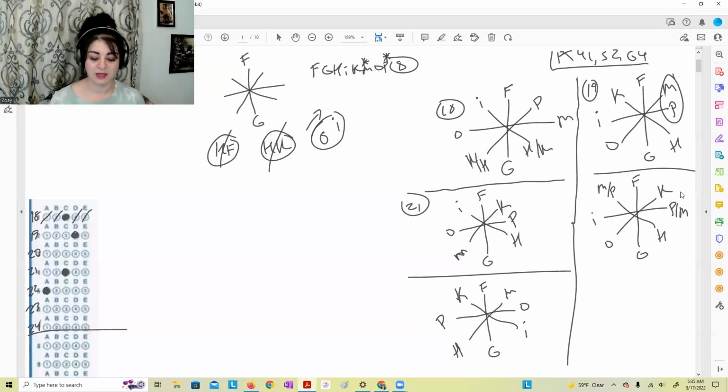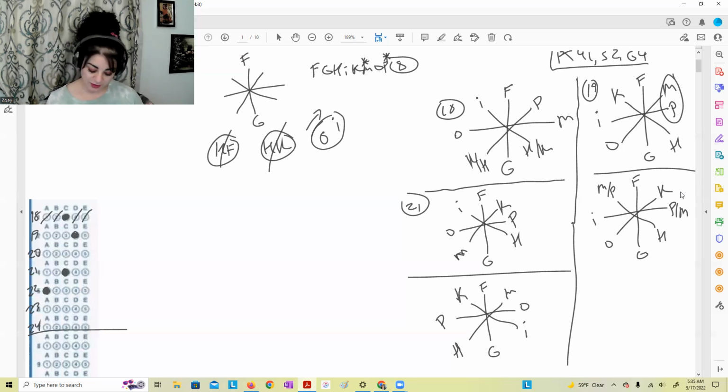What about 23? If K is right across from I, I'm not looking forward to doing this one. Here's what I'm thinking. Well, I can see I have previous work where K is across from I, so maybe I can use that. All these people could be right next to Olivia except for one.